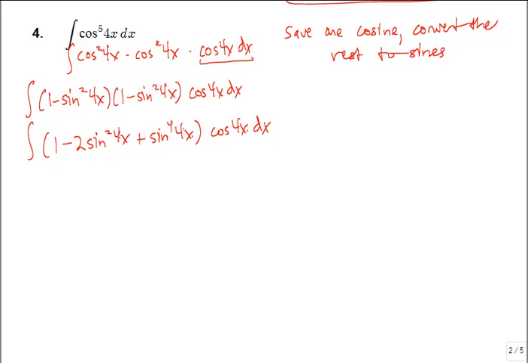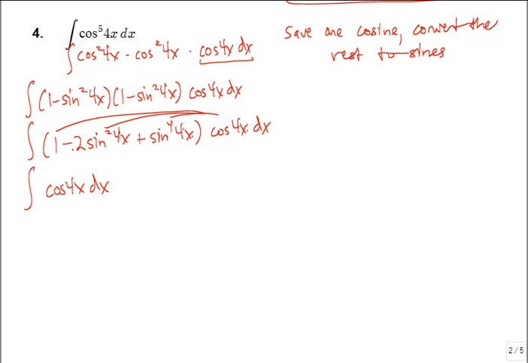Okay, now we're ready to split this up into 3 different integrals. So I'm just going to distribute these 3 things across. So I'll get 1 times cosine 4x dx.